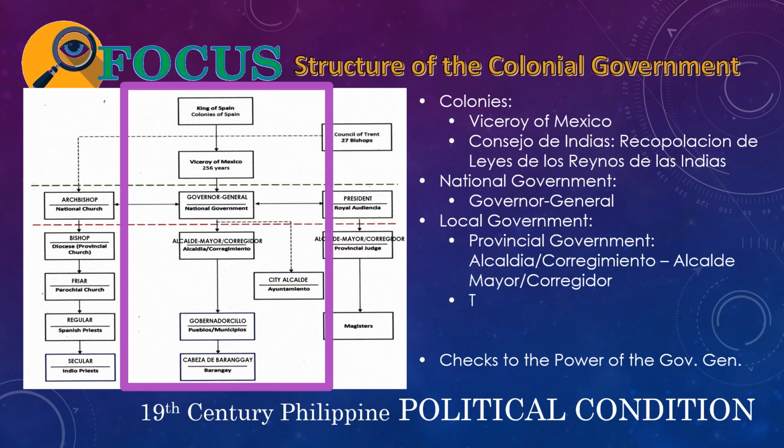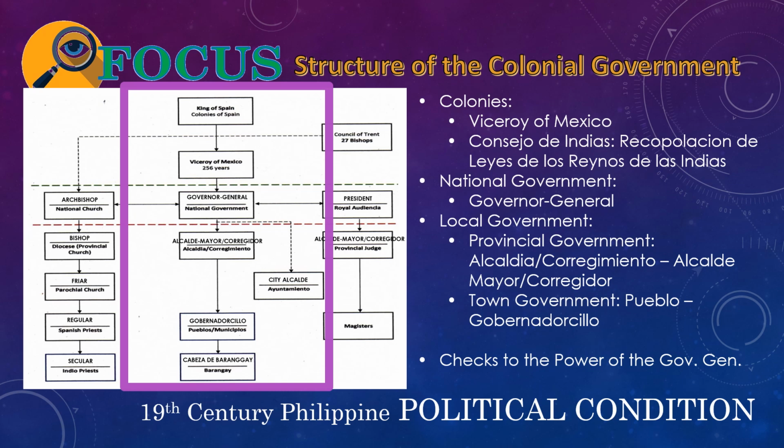The provinces are still divided into towns or pueblo under the leadership of the Gobernadorcillo. His power and responsibilities are the same as the Alcalde Mayor. However, it is limited only in the town, and aside from that, he had the power of indulto de comercio, or the right to engage in trading.